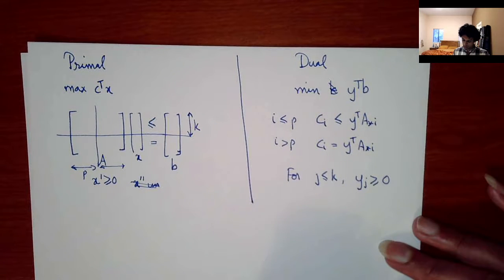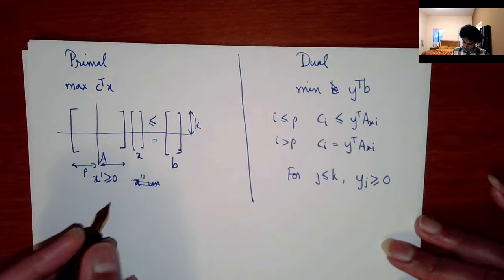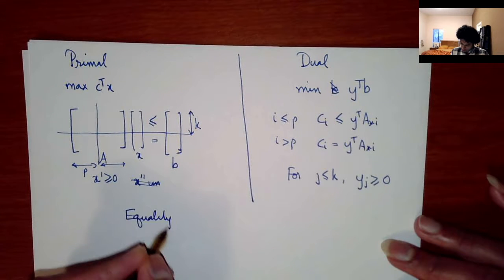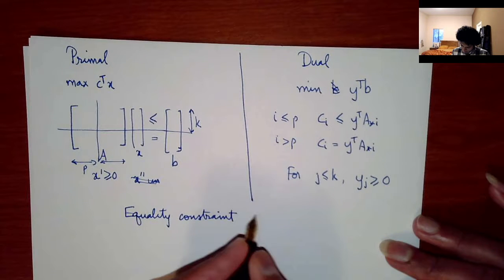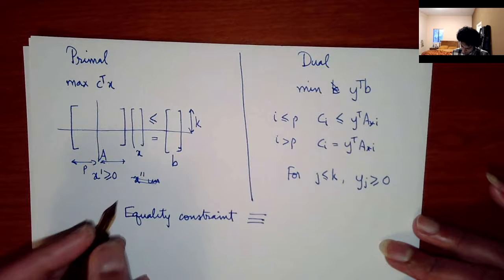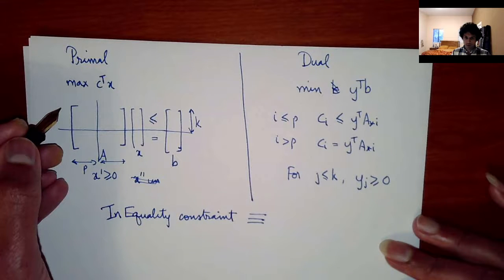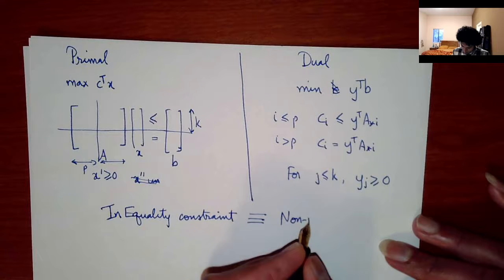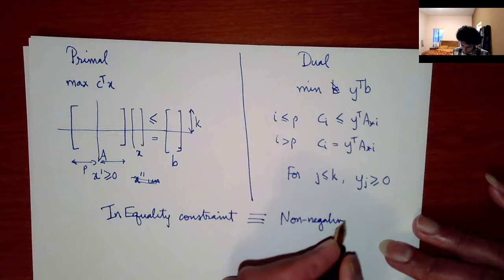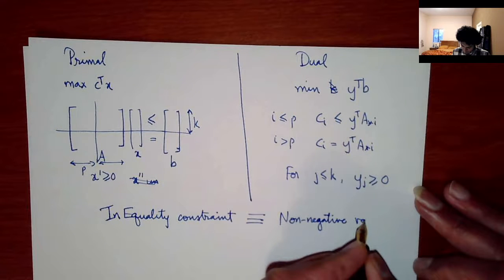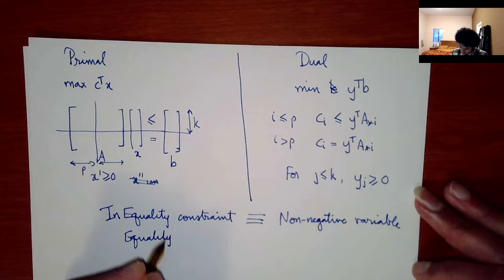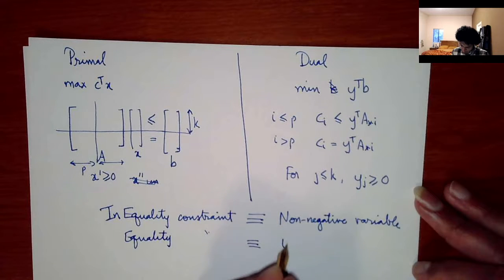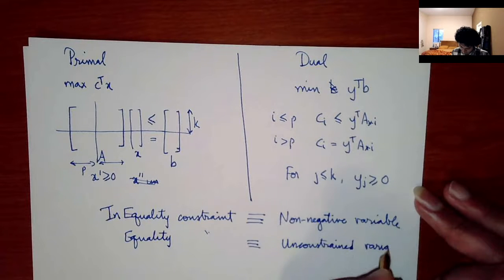This is the dual. So what you have is an inequality constraint gives you a non-negative variable. Equality constraint is basically what's called an unconstrained variable.